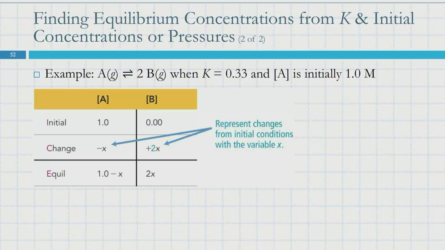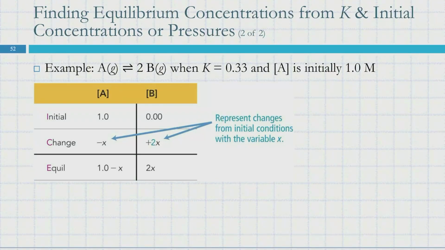So in our ICE table, we would have started off with just the initial amounts. And then we represent the change relative to their stoichiometric term, their coefficient. So A has a coefficient of 1. It's going to be used up at a rate of minus x. So we plug in a minus x.